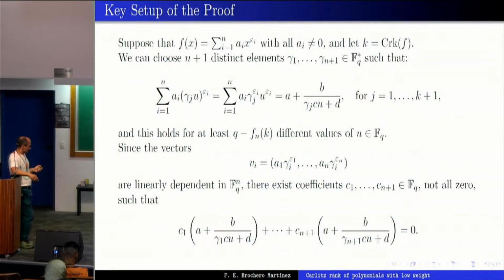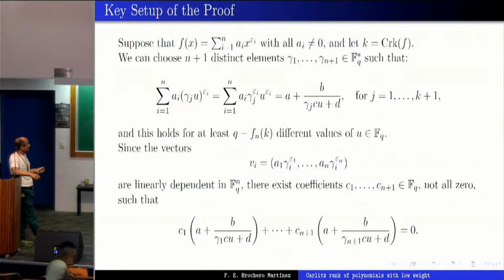Then we consider this vector, and we have n+1 vectors in a space of dimension n, so they are linearly dependent. Then we can find c_1, ..., c_{n+1} not all equal to 0, so that the sum of these vectors is equal to 0.